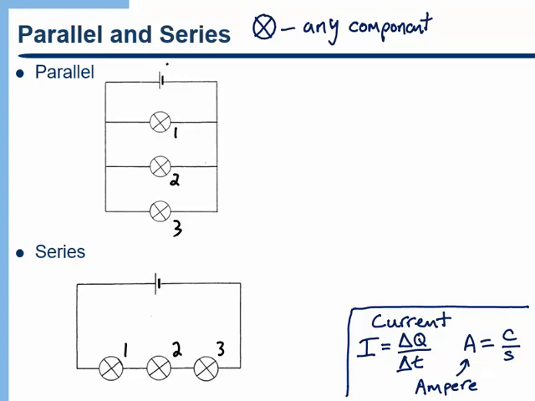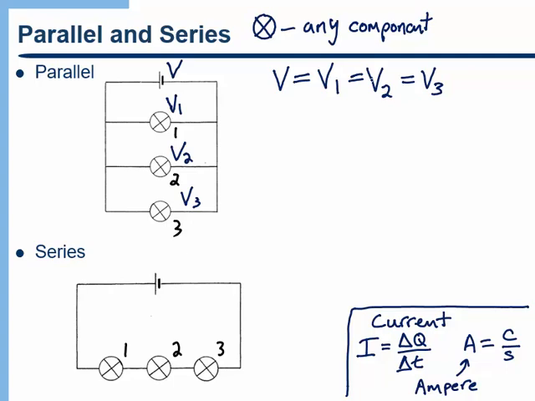In this case, whatever the voltage is that the battery is providing is going to then also be the voltage or electric potential difference across each of our circuit elements. So we find that for a parallel circuit, the voltage provided by the battery is equal to the voltage across each of the elements that make up the circuit.